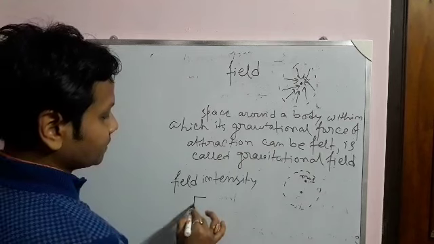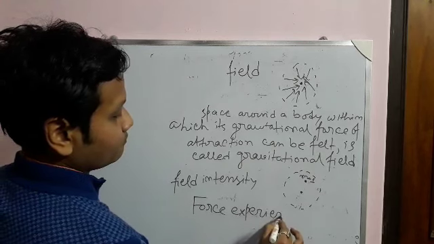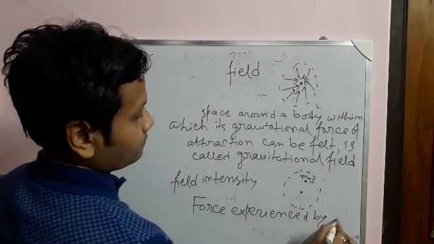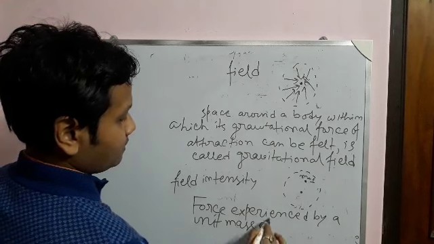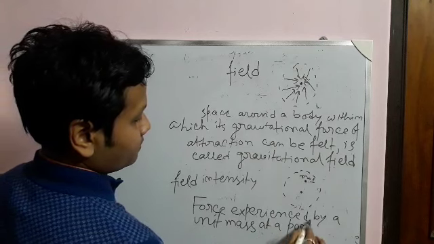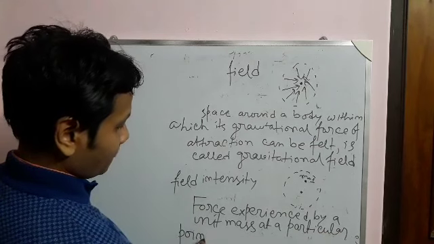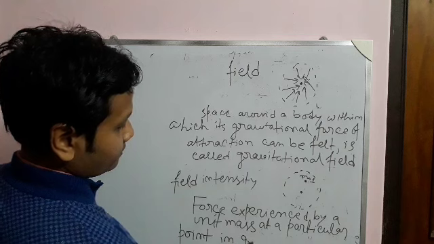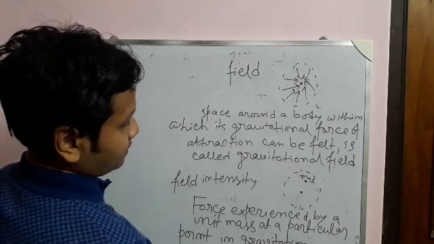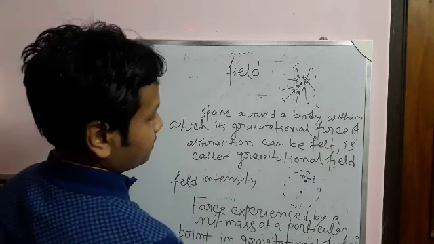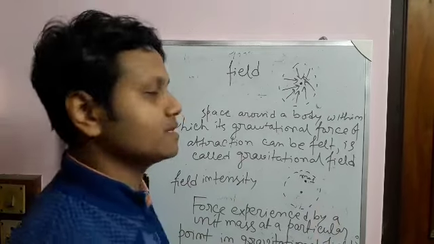That is, the force experienced by a unit mass at a particular point in a gravitational field is called the gravitational field intensity at that point.